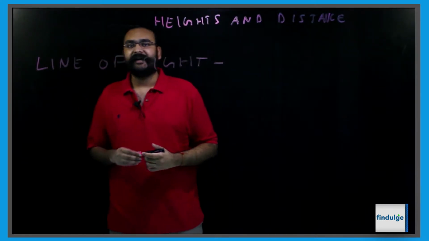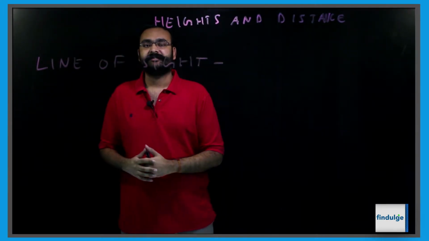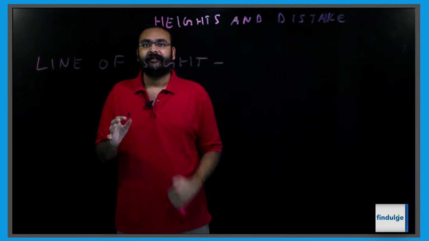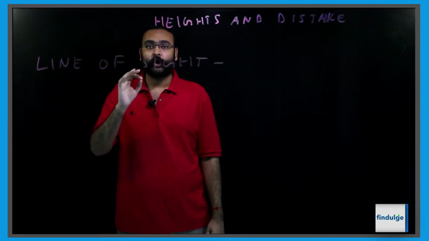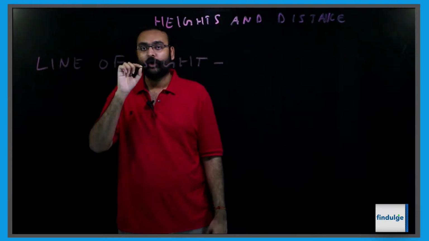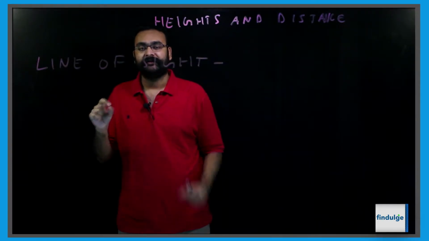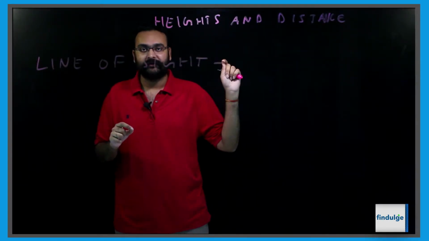Now the line of sight, as the name suggests, is nothing but the line that you draw between your observation point and the point of the object.